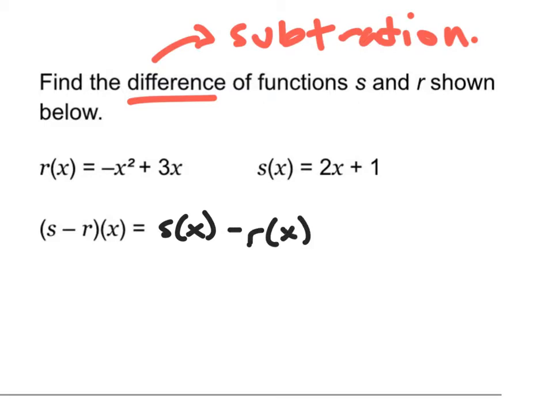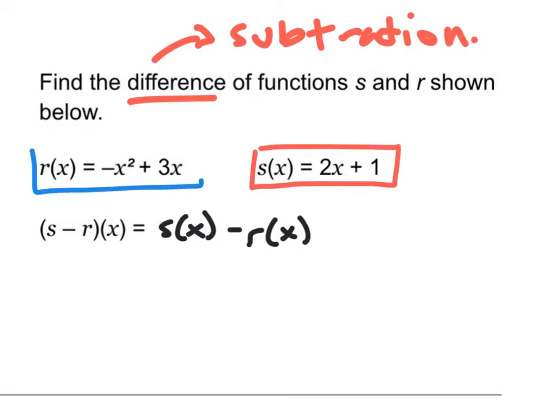Now what I want to do is come up with a brand new function, which is the difference of these two. Now it's important though because here's my function s of x, and here's r of x. And I'm going to plug this whole thing, 2x plus 1, in down here.